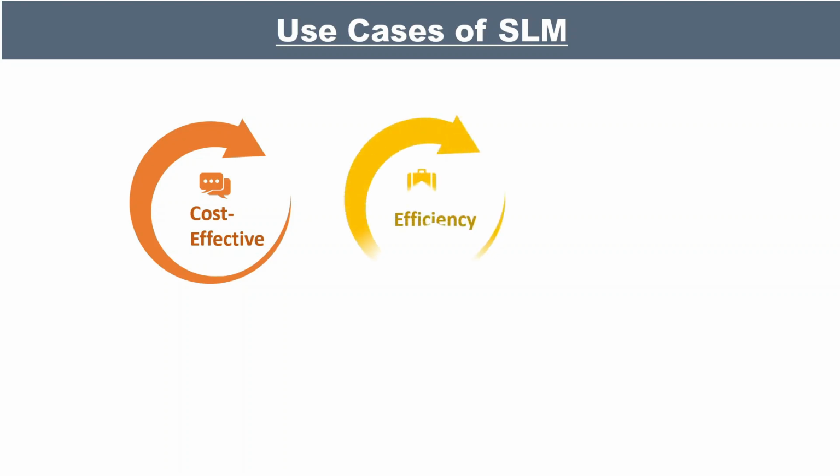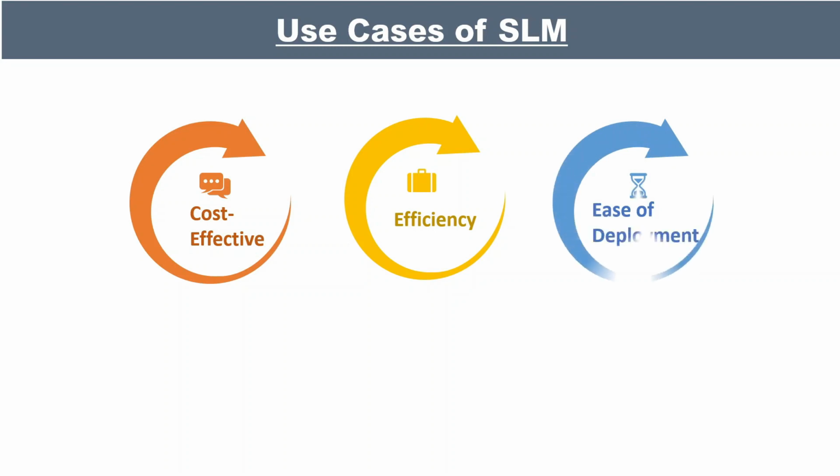Second, efficiency. Small language models require less computational power and memory to run. This makes them ideal for applications with limited resources or where speed is a priority. Third, ease of deployment. Due to their smaller size, these models are easier to deploy on devices with limited resources, such as mobile devices or embedded systems.